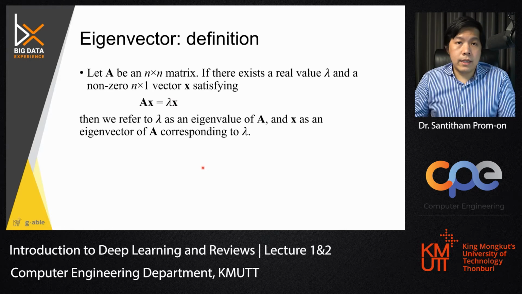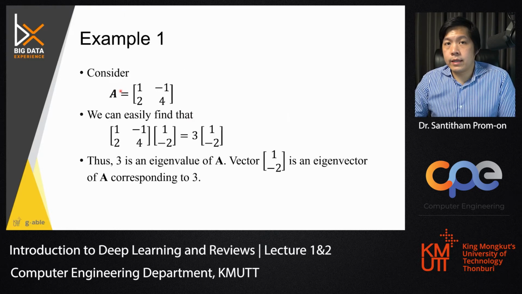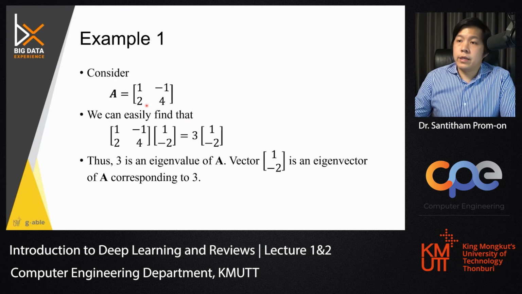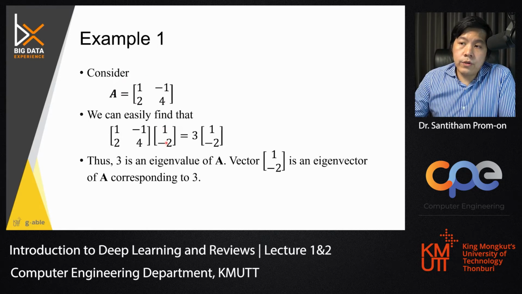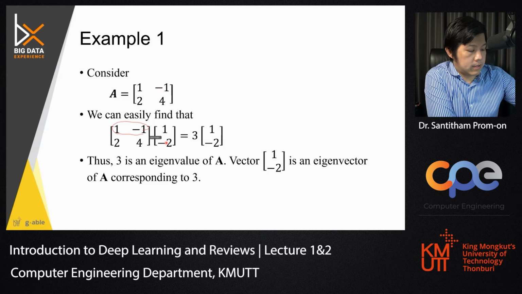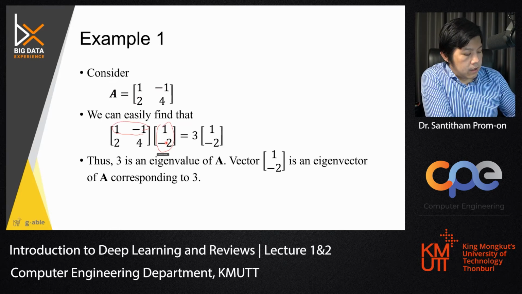Okay, now let's take a look at some examples on eigenvectors and eigenvalues. Here is an A. We have A as 1, 2, minus 1, 4. And if we were to multiply A with 1 and minus 2, let's perform a simple calculation here. Take row, multiply by column.